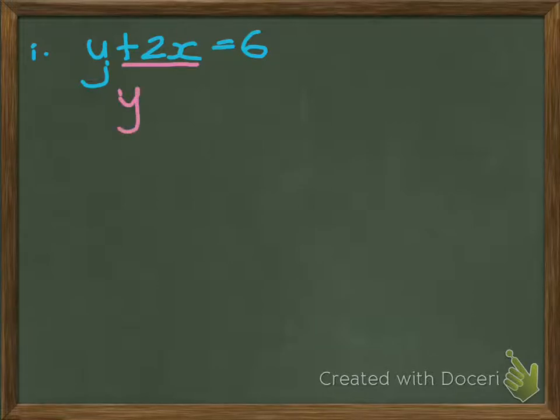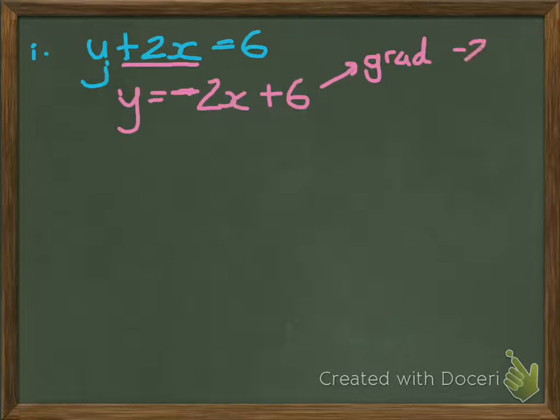So if I take it across the equal sign, it becomes negative 2x. The 6 didn't go anywhere, so it stays plus 6. And if I asked you, you would be able to tell me that the gradient of this line is negative 2, and the y-intercept is very obviously 6.